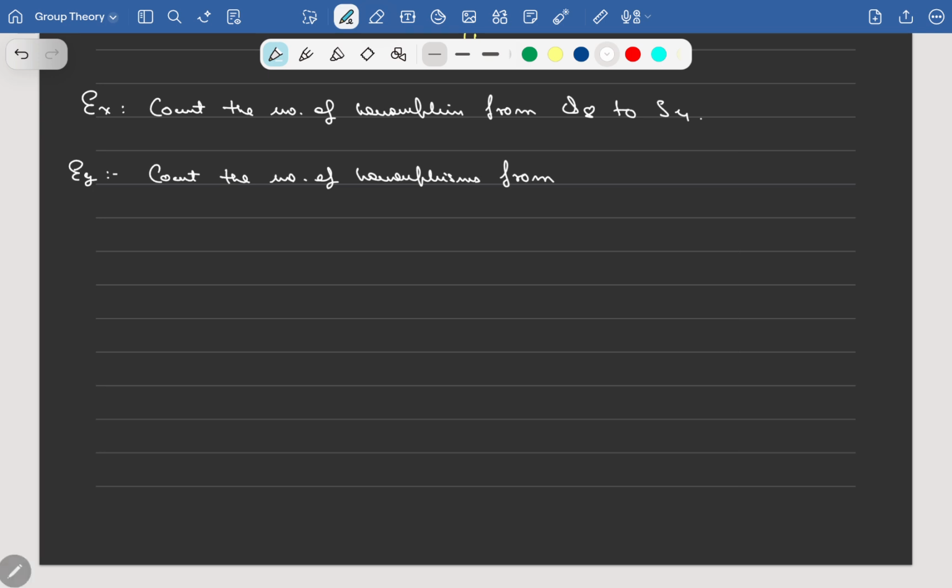Count the number of homomorphisms from Zn to Zm. Okay, let's try. So solution. Now we actually need not do much here, because we can go with a very easy observation.